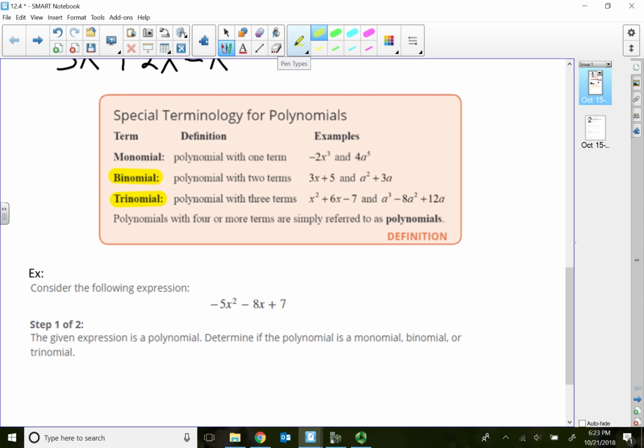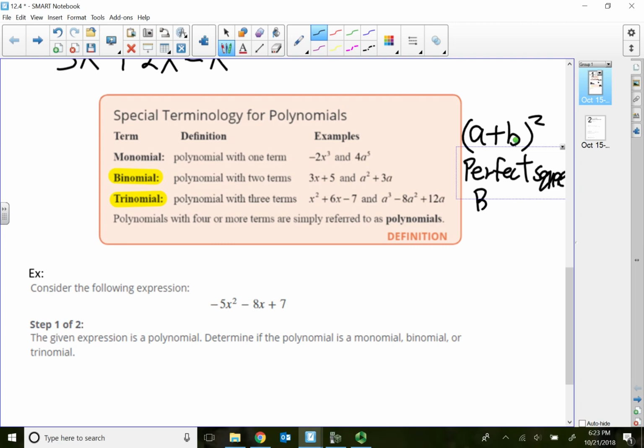If I have something like (a + b) squared, this is 2 terms in the parentheses, and this is what I personally call the perfect square binomial.